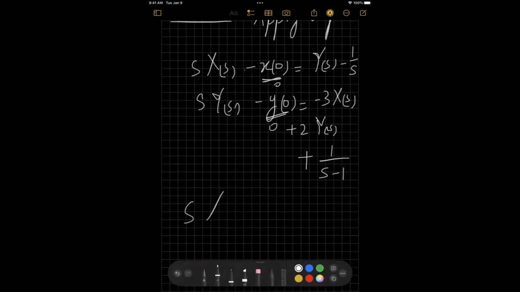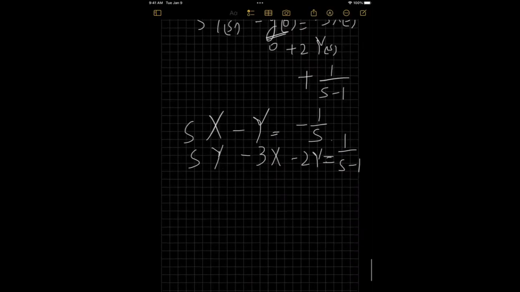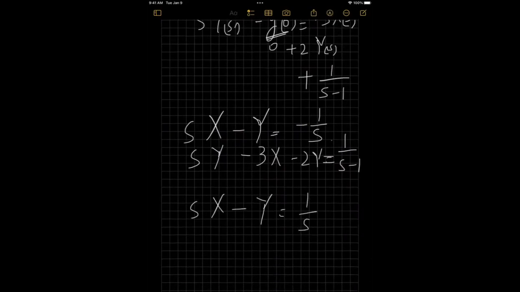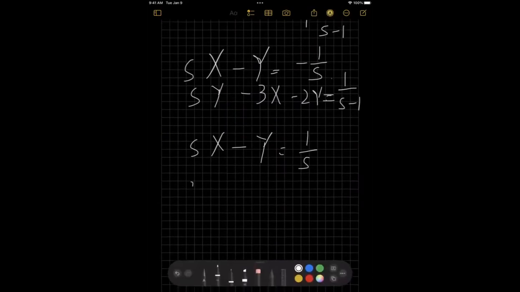So sx minus y equals minus 1 over s, sy minus 3x minus 2y equals 1 over s minus 1. So our terms will become sx minus y equals minus 1 over s and s minus 2y. So let's write by the other side so that our x is separated.